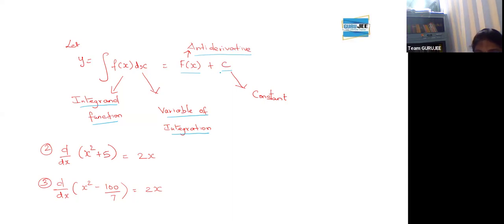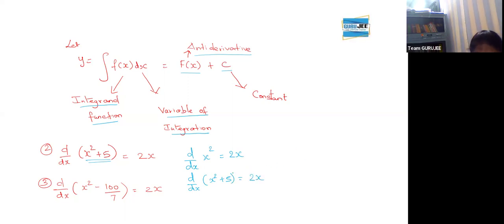I'll tell you what this constant is. This is C, which represents some constant. Here we have d by dx of x square plus 5. As you said, d by dx of x square gives 2x. d by dx of x square plus 5, or plus 7, 8, whatever number you give, the result is again 2x.